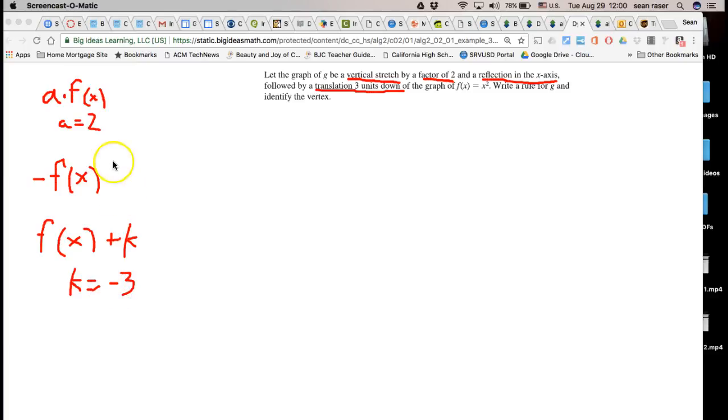Okay, so all I did right here is just as we went through and read all of these, I just wrote down each of the different transformations that we're going to have to make. So again, the first, we're going to be multiplying our entire function by a factor of 2. We're going to be taking the opposite of our function, and then we're going to be adding -3 to our function.